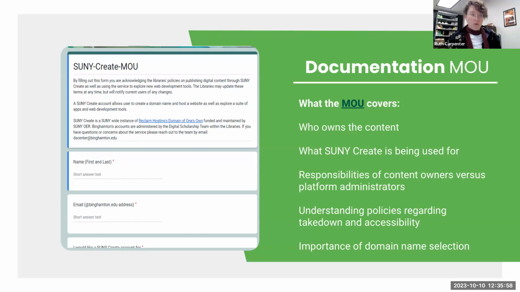Especially for graduate students who may be leaving, they need to contact us if they want to talk about migration, so they can migrate their site out, or at least download their content, or download their files so they can migrate them later. All of those kinds of processes. So we try and start those conversations, like I said, really early. And then we have an accessibility policy that needs to be updated, and a takedown policy as well.